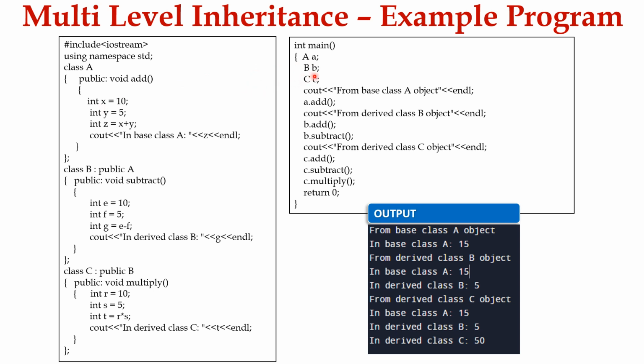Using the object of class B, we can access the function which is available in class B and also in class A, since class B inherits the properties of class A. Using the object of class C, we can access the function which is available in class C and also in class B, since class C inherits the properties of class B. Class C also can access the function which is available in class A, since class B inherits the properties of class A.